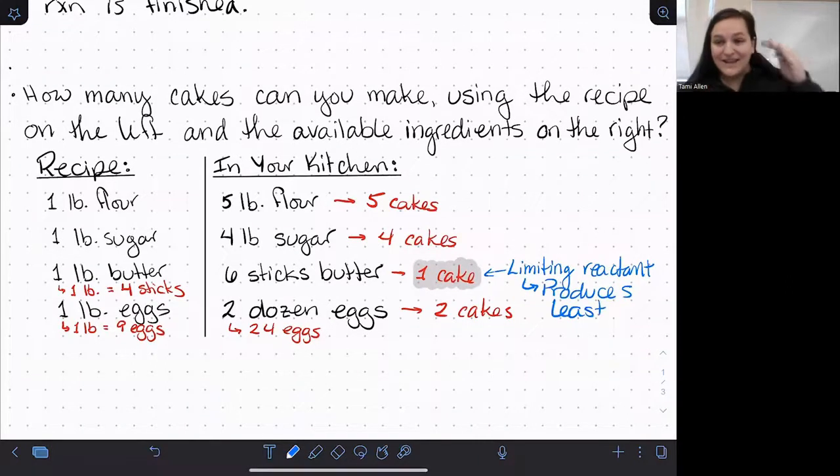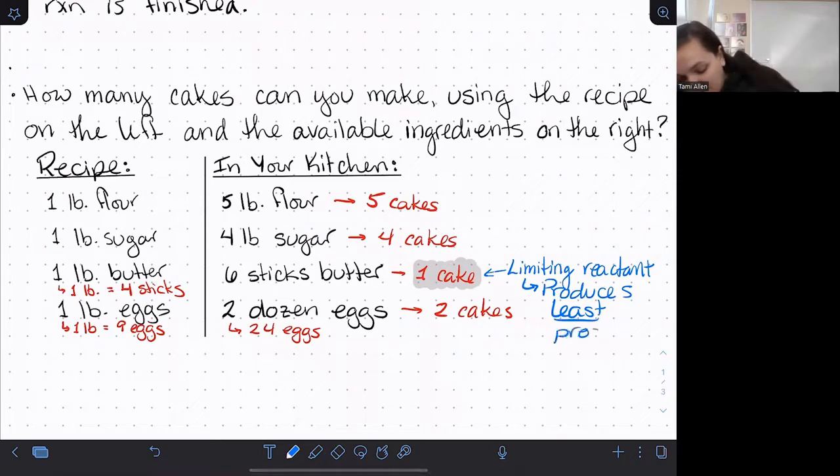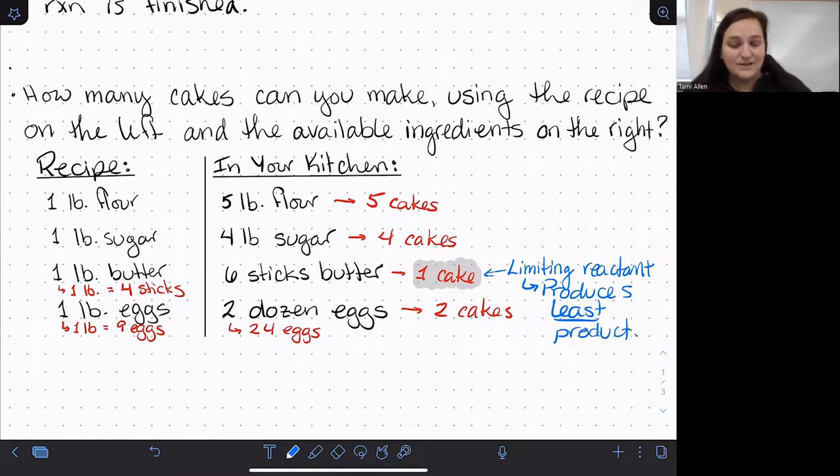Because once I hit that amount of product, that amount of cake in our analogy here, I'm out of one of my ingredients and I can't make any more. So the limiting reactant is the one that produces the least amount of product. And so we're going to go through the same process just for a chemical reaction instead of cake for our party.